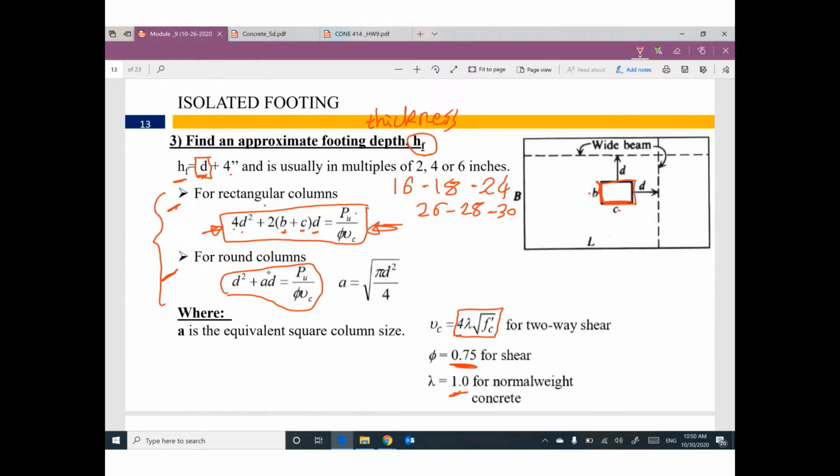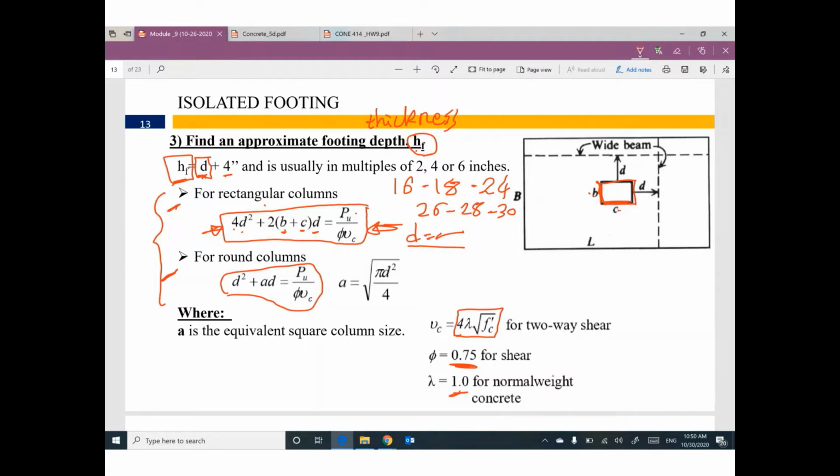I can solve it to figure out the depth. If you don't like to assume thickness, once you get this depth, go ahead and I add 4 inch to this depth to get the total thickness of the footing.